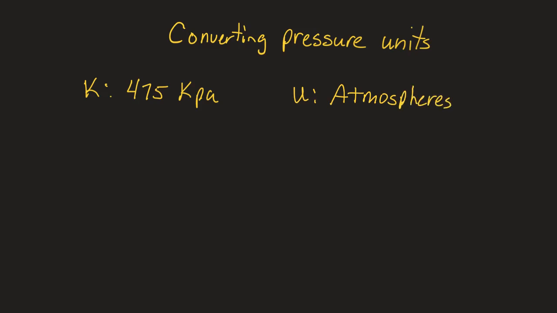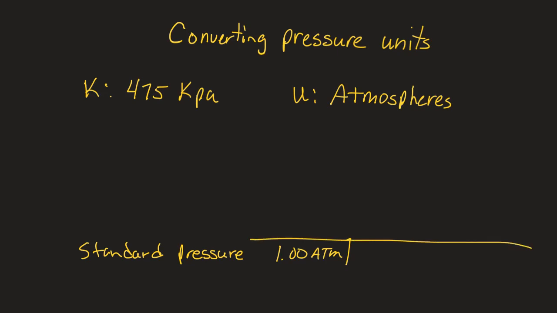So you're going to see on your periodic table, or no, sorry, not the periodic table, on the reference table, you're going to look for standard pressure. And you'll see a number of different units there. There's 1.00 ATM. And then another box, so these are all boxes.